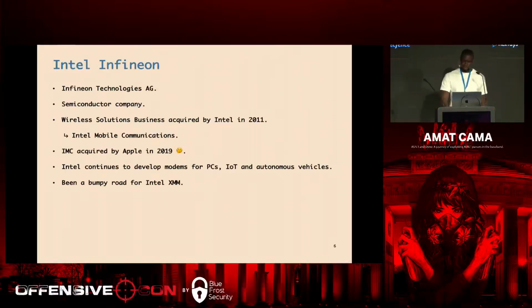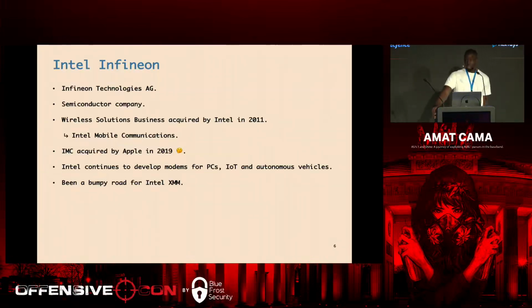What is Intel Infineon? It's from this company called Infineon AG, a German semiconductor company, and they had a wireless solutions business that was acquired by Intel in 2011, and it became Intel Mobile Communications.